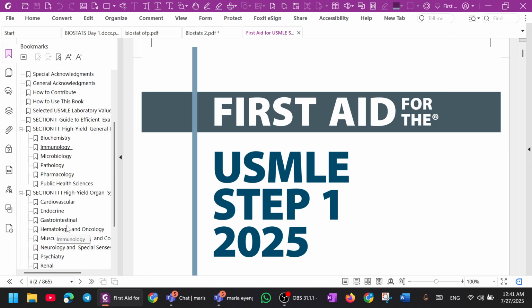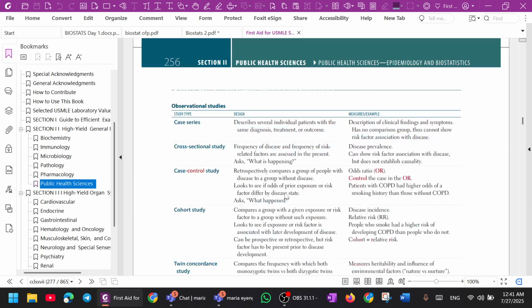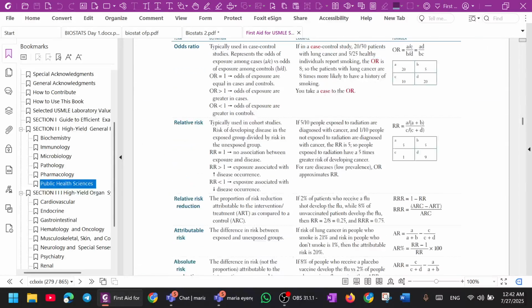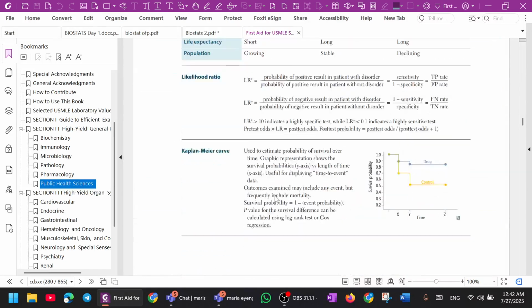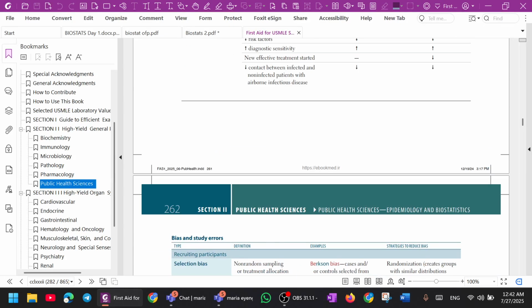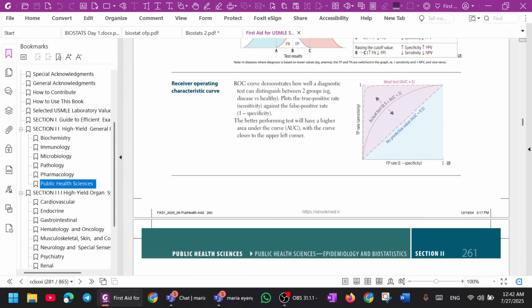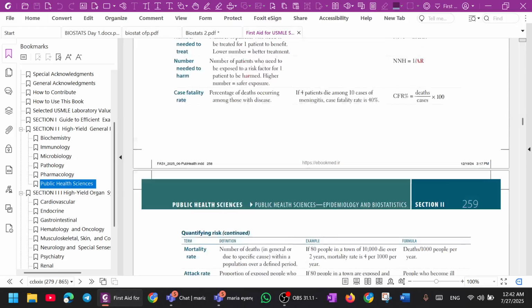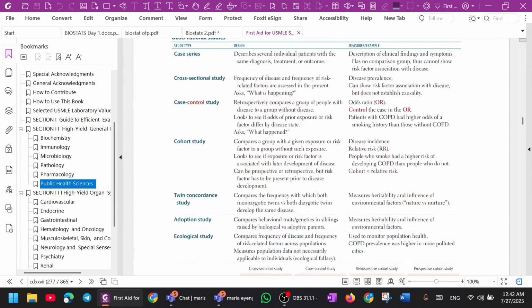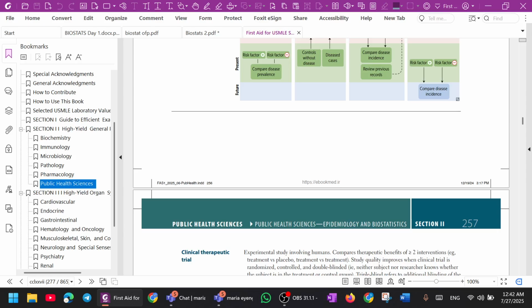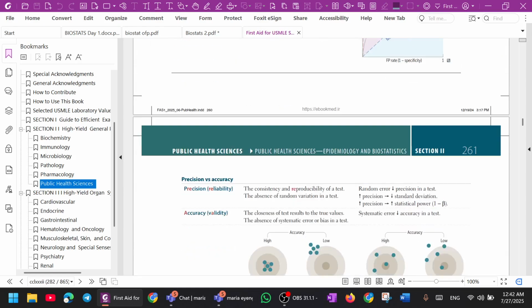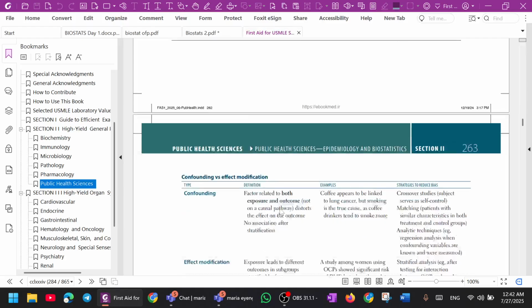I am reading from the actual First Aid. Wait, where is clinical trial?